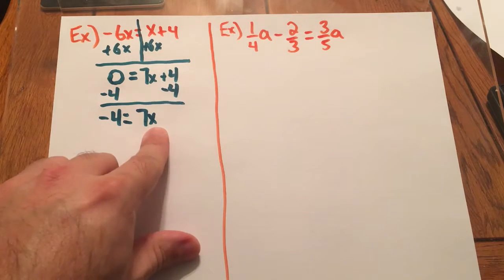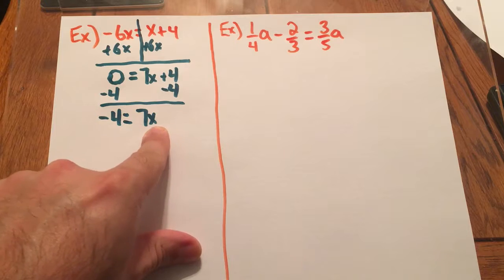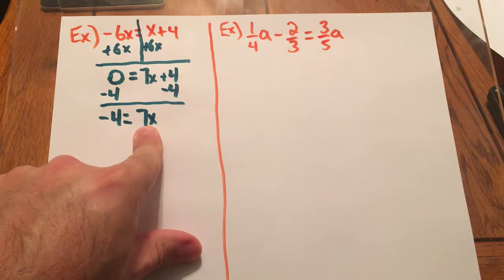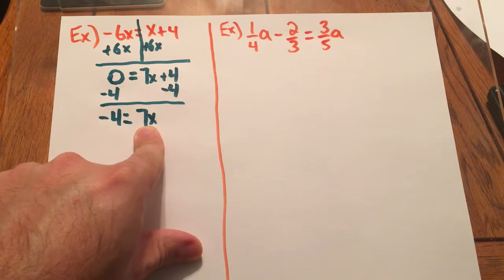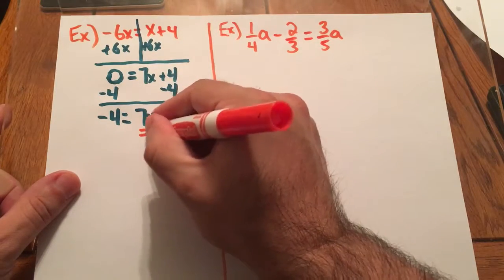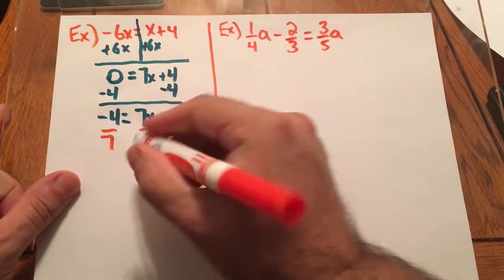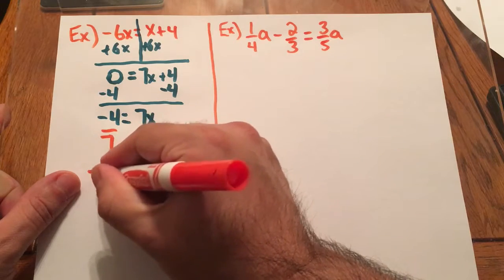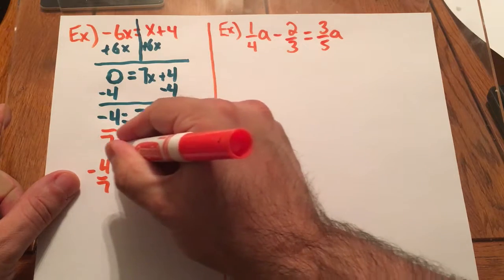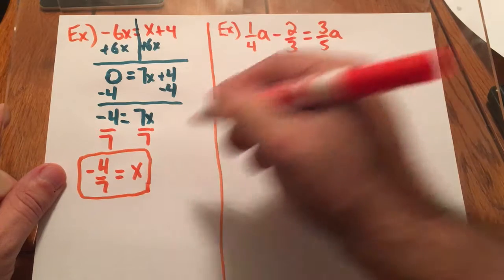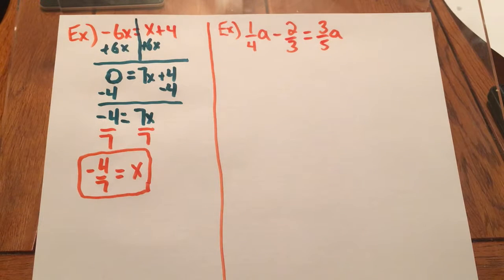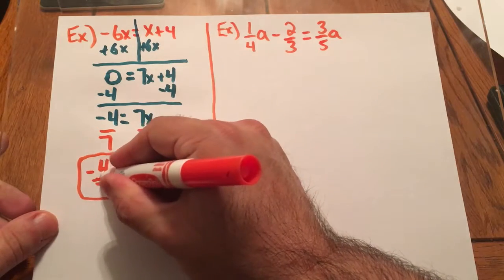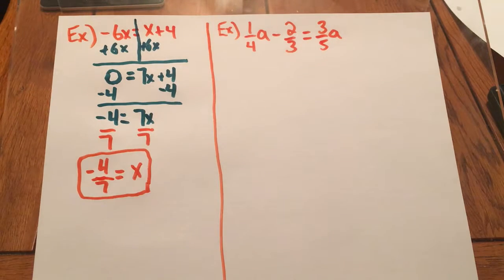So again, the x is the thing we're trying to get by itself, so that's the number beside it that we have to divide both sides by. In this case, I have to divide both sides by 7, and I'm left with x is equal to negative 4 over 7. Okay? This is a totally legitimate answer. If the question tells you to leave it as a fraction, then you're done, because negative 4 over 7 is as simple as you could write that.